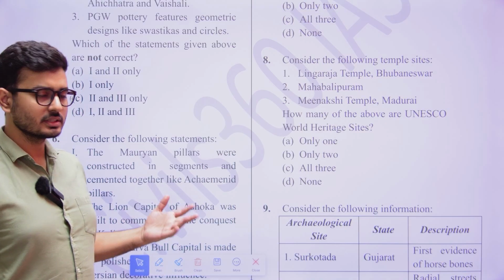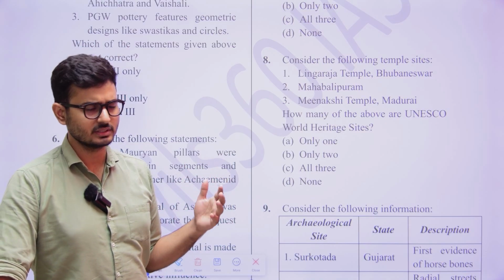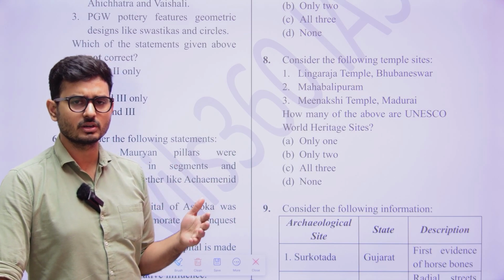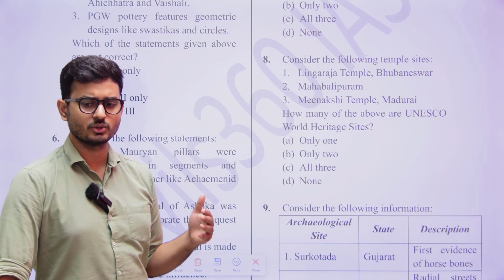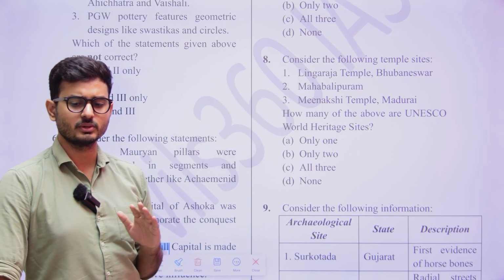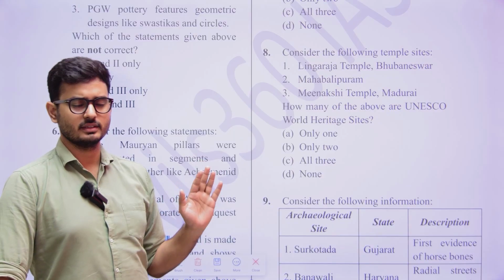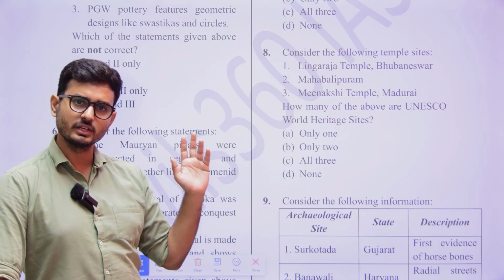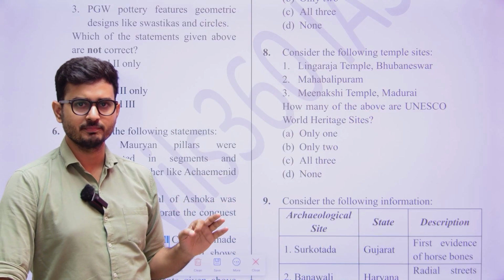Now, although all three sites are very important whenever we talk about examinations, or India's cultural mastery, not all of them are World Heritage sites. It is only one up till now, that is Mahabalipuram, the Rathas of Mahabalipuram.